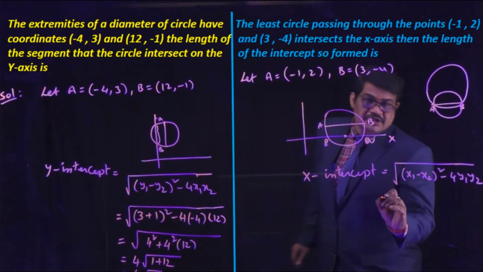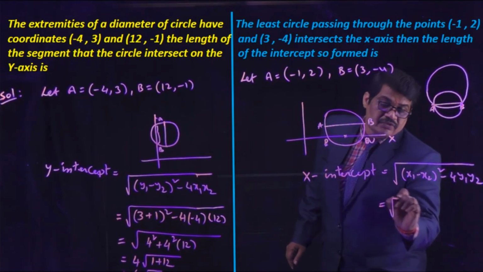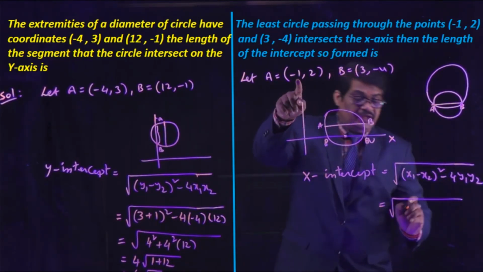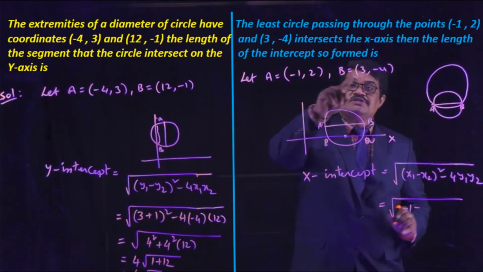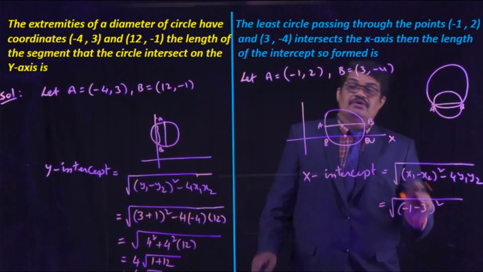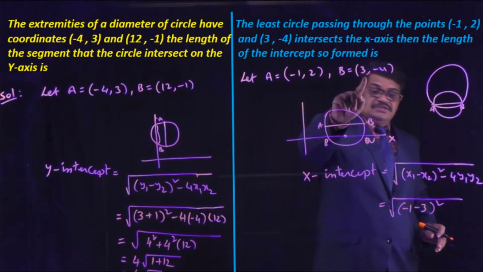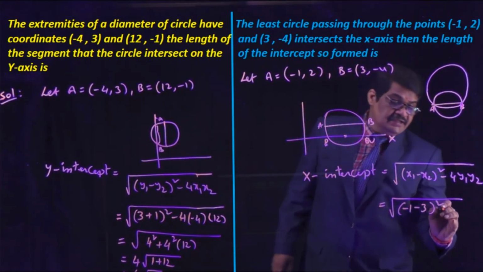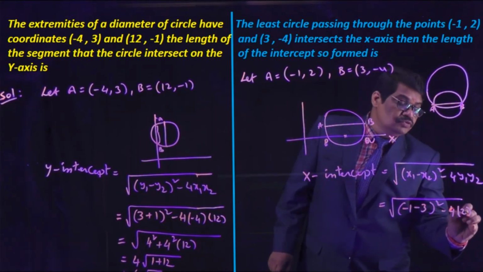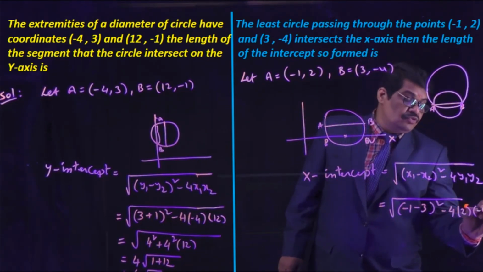So that is equal to the square root of (x1 minus x2) whole square minus 4 y1 y2. What is x1 here? Minus 1. What is x2 here? 3. And y1 is 2, and y2 is minus 4.